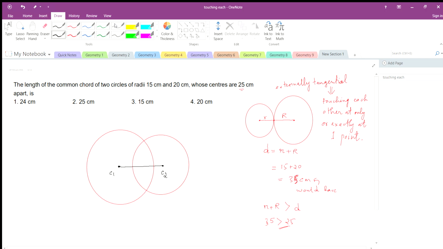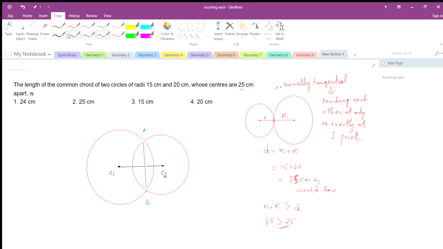So what is the common chord? The common chord will be the line segment joining the points of intersection of the two circles. Let us denote the points as A and B. So this is the common chord.